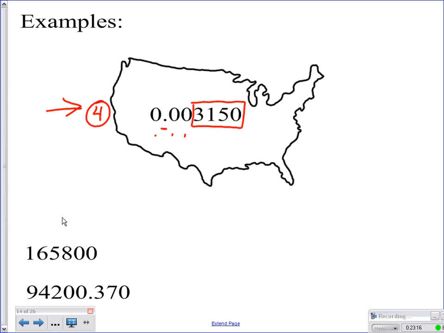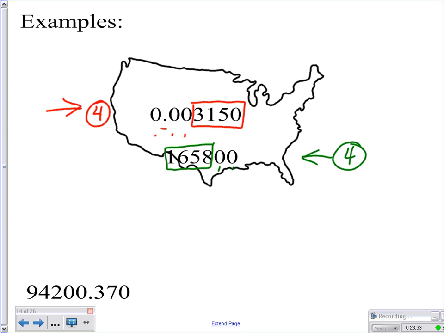Okay, let's do that with the next one. Here, my decimal point is absent. So I'm going to start counting from the Atlantic. Again, you always start counting at your first non-zero number, and here it is. And you keep counting until you fall off. So in this case, again, we have 4 significant figures. And last one.